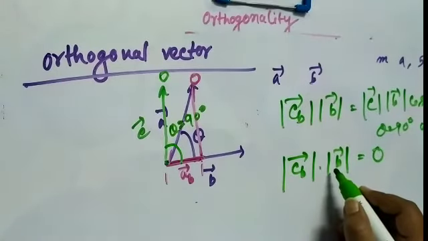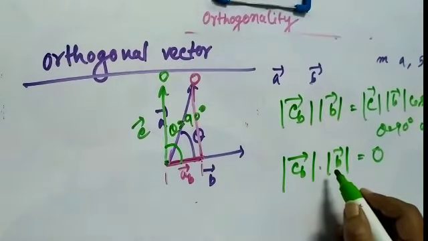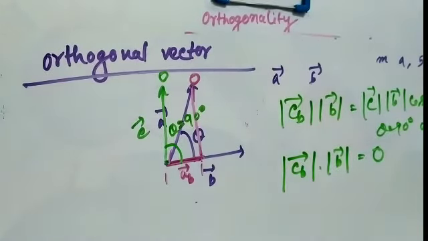So we have some idea, from the mathematical relation between two vectors, whether they are independent or not.